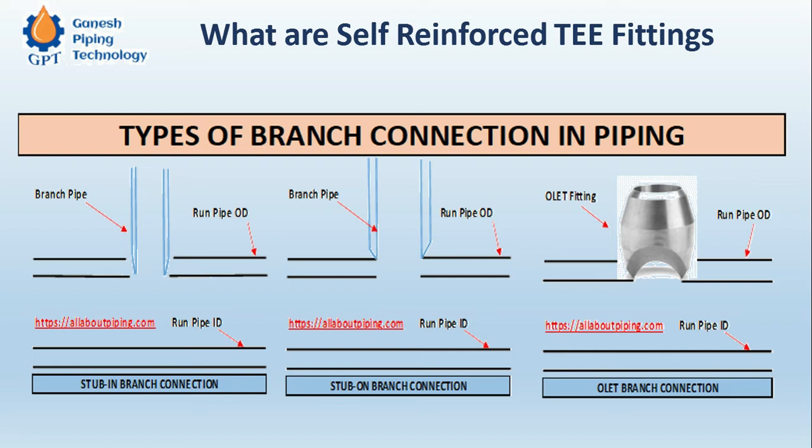So we have to do some calculation to see whether this branch connection, which is made out of drilling a hole in the header, will be safe or not. If it is not safe, then there can be a leakage or that joint can burst, whatever the result will be.